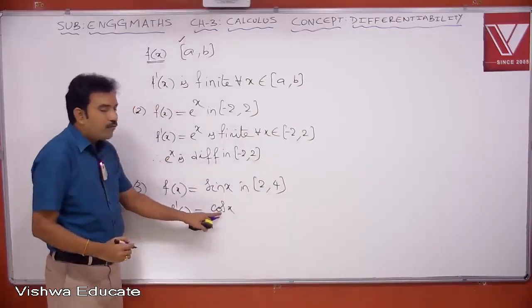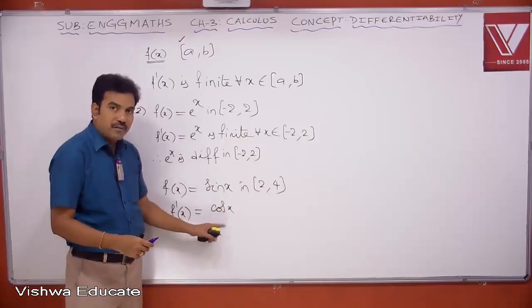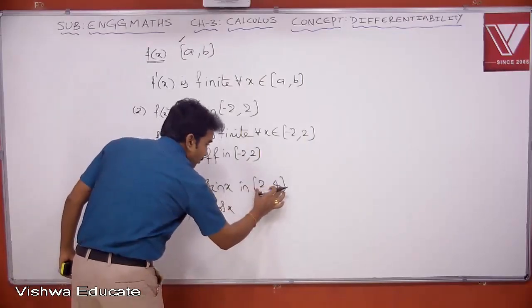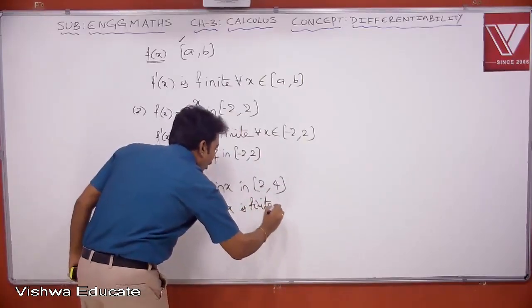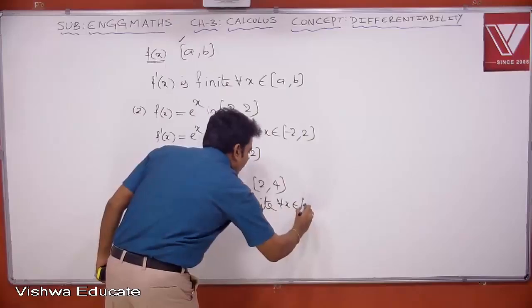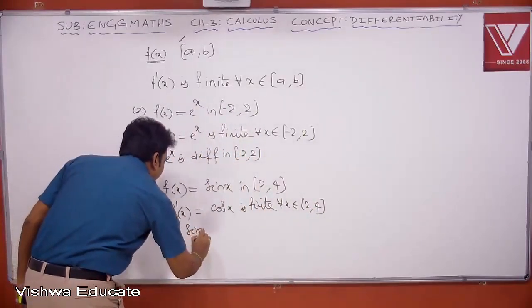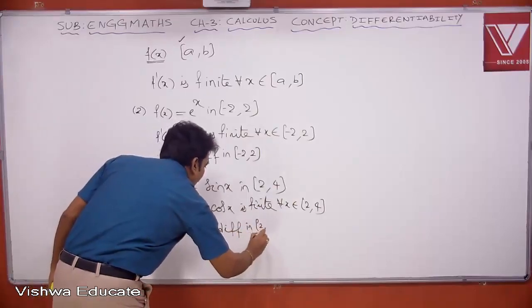We know that the domain of cos x is R. That means for all real values of x, cos x is finite. Therefore in particular this is finite even when x belongs to this interval. So this is finite for all x belonging to closed interval 2 comma 4. Therefore the function sin x is differentiable in closed interval 2 comma 4.